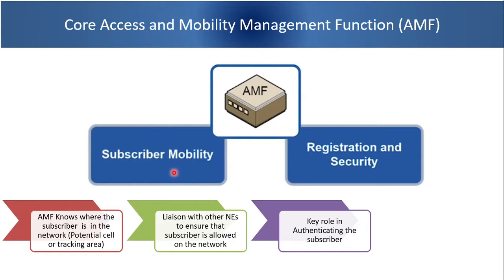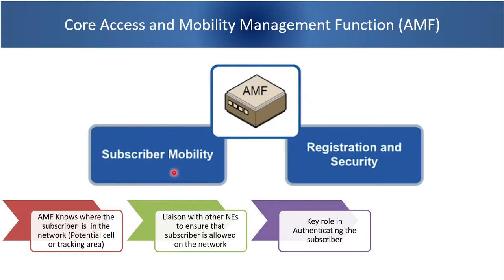And for what purpose is that temporary ID used? Whenever a device is trying to access the core, it has to identify itself, so it sends the GUTI in place of SUPI and SUCI. SUPI is never sent on the network because of privacy and security. It was SUCI, and SUCI is also not sent all the time.